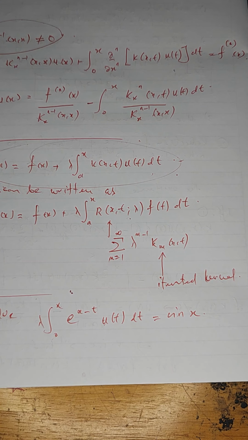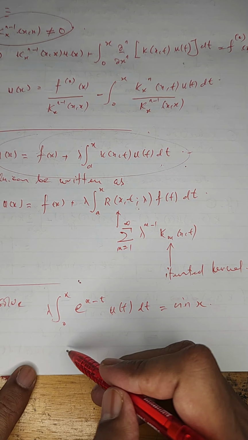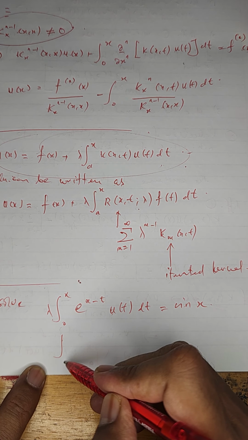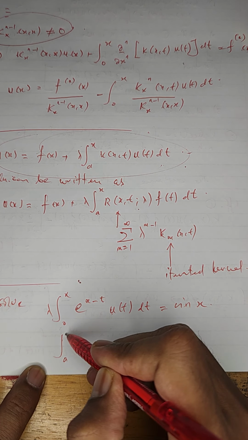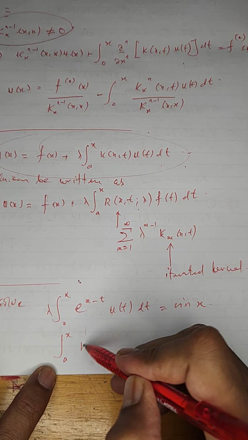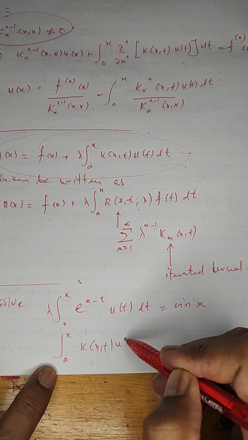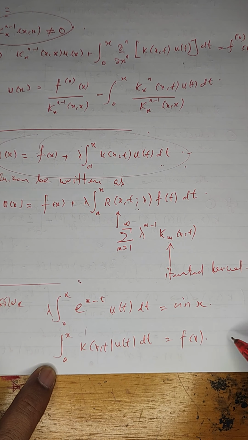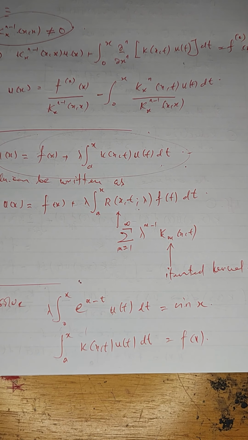Yeah, this is the example. If you compare with the general form, we have what? The general form is the integral from a to x of K(x,t) u(t) dt equal to f(x). This is the general form for the first kind Volterra integral equation.